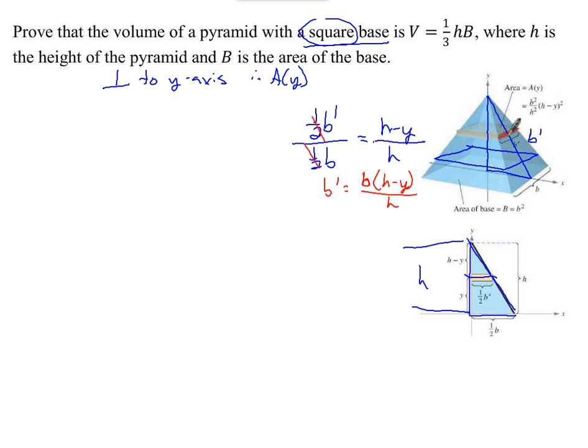The area of a square is the side length times itself, because it's a square. So it's the side length squared. So this length right here, the b prime, is what I had to find. I find it by knowing this length is b, so that gives me a 1/2 b.